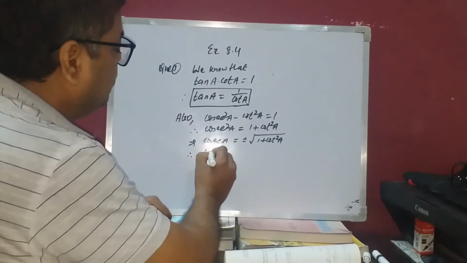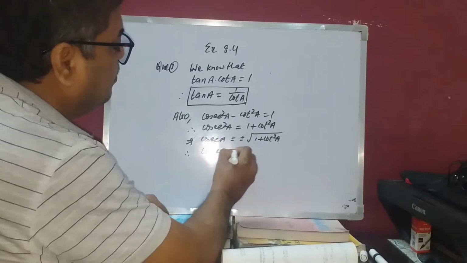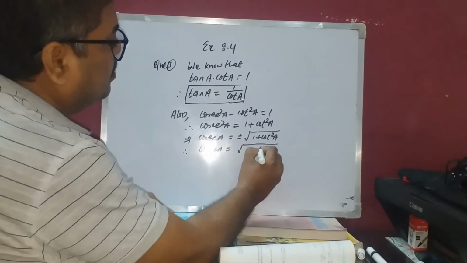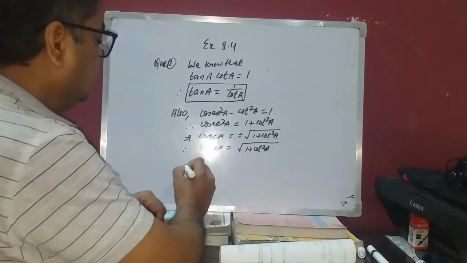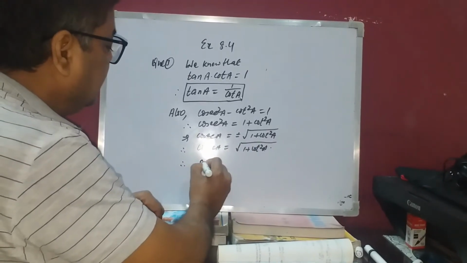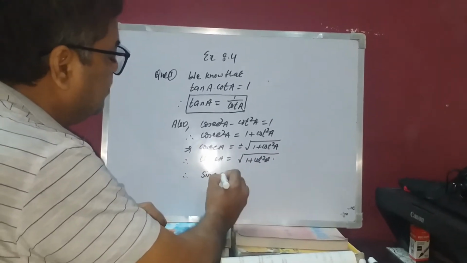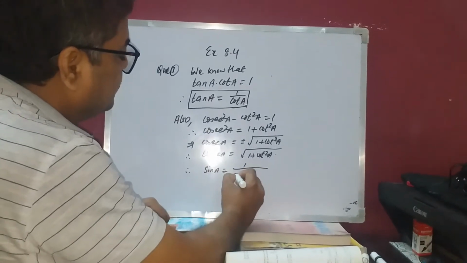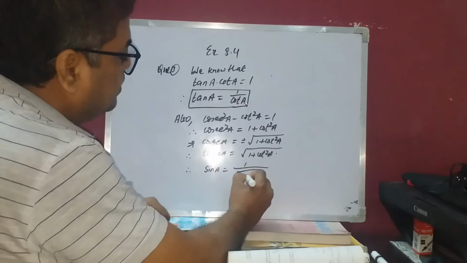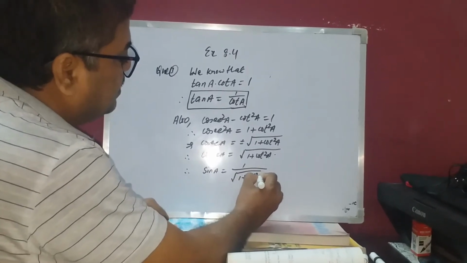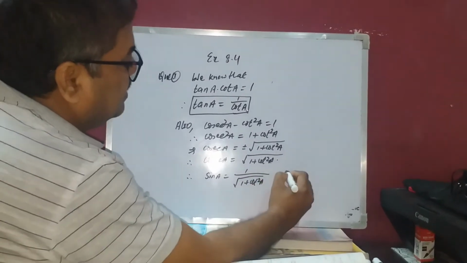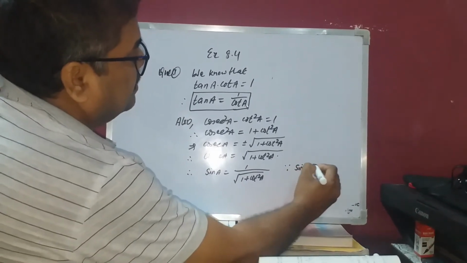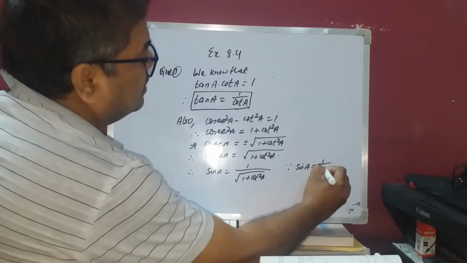Therefore cosec A equals under root 1 plus cot square A. Therefore sin A is equal to 1 upon under root 1 plus cot square A. We write this since sin A is equal to 1 by cosec A.